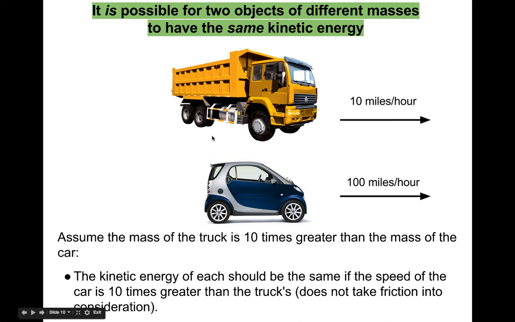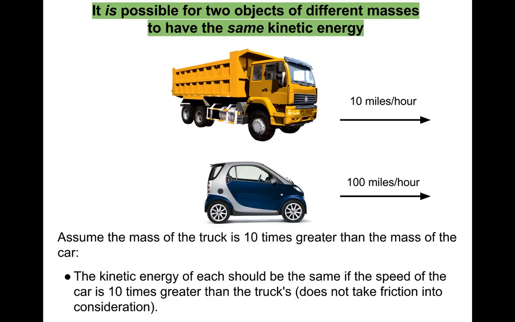And we're not taking into account friction, so we're just putting friction to the side and we're looking at the two cars mathematically, this dump truck is 10 times the mass.